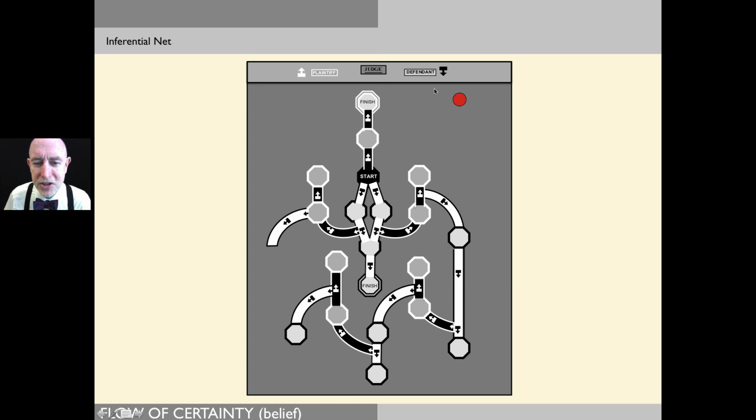And finally, this is just a little snapshot of how involved two sides of an argument can be in terms of trying to track the ultimate flow of certainty that moves along. Sometimes this is called an inferential net, where all the different channels of inference are put together in a single picture.